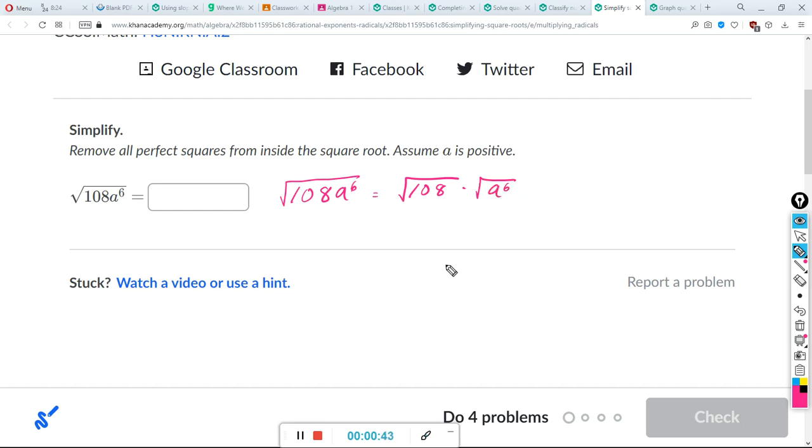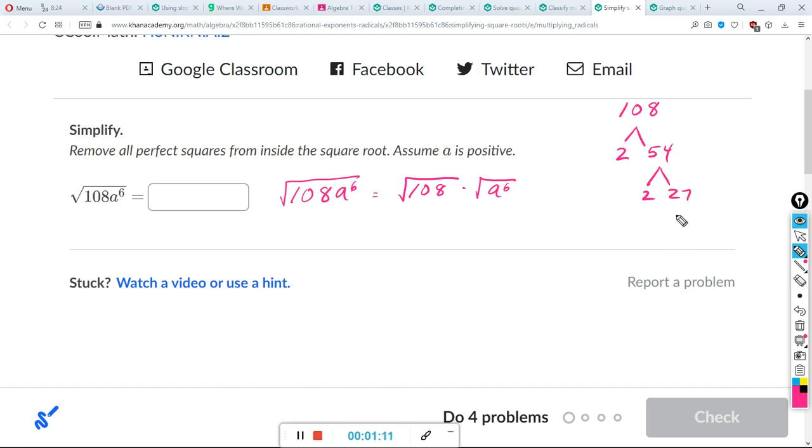Alright. And now let's do the 108 part first, because we did this before. Remember to make the tree. I know 108 is an even number, so I'm going to start with a 2. 108 divided by 2 is 54. That's an even number, so I'll start with a 2 again. 54 divided by 2 is going to be 27.